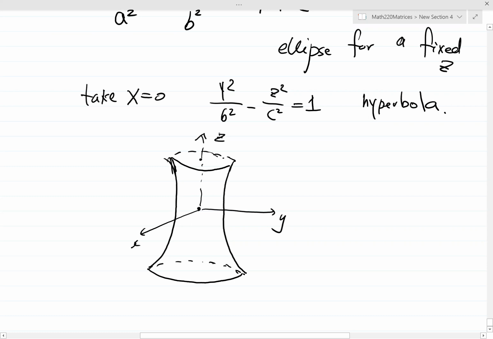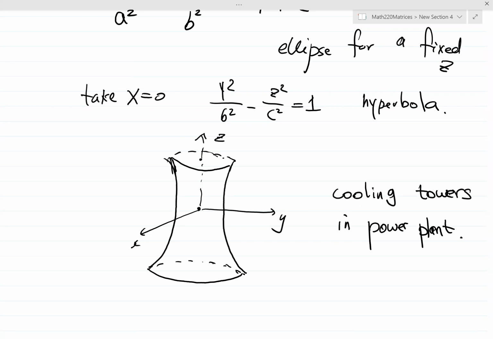You can see this shape somewhere, for instance, the cooling tower in a power plant. The surface of a cooling tower looks like a hyperboloid of one sheet.